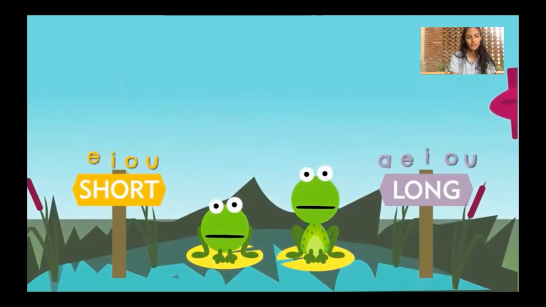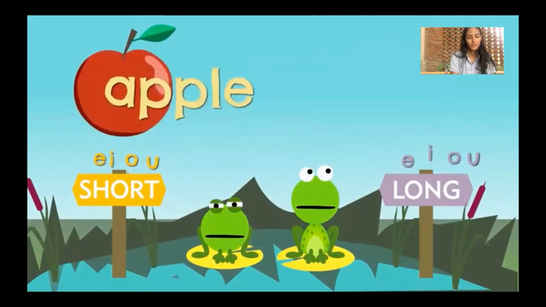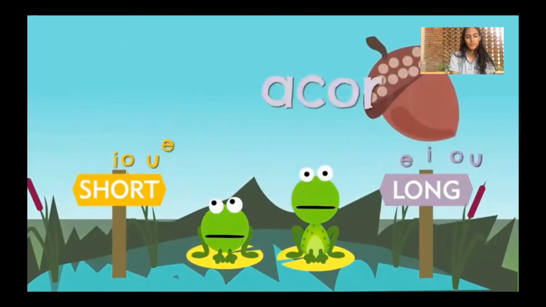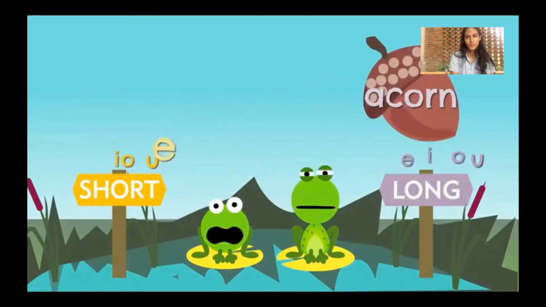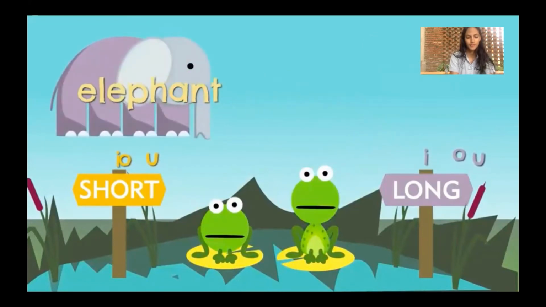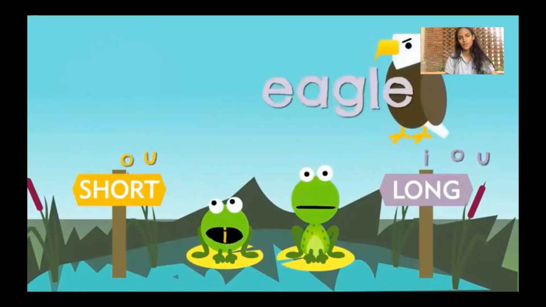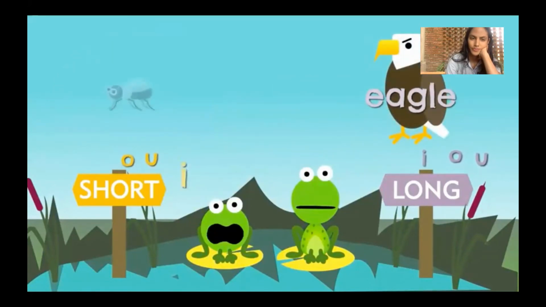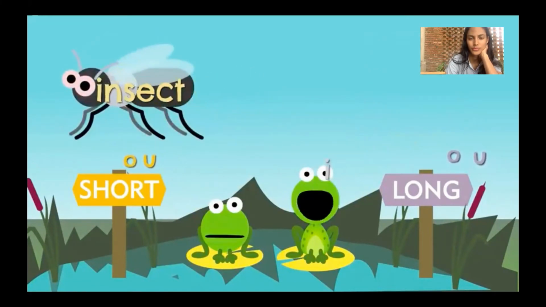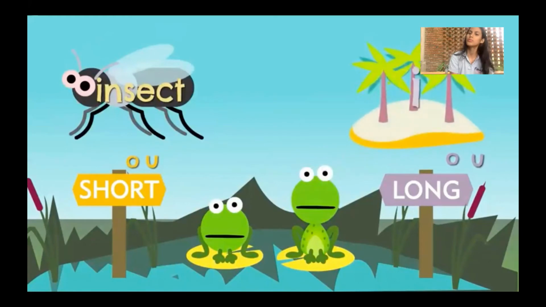So the short A says apple, and the long A says acorn. The short E says elephant, and the long E says eagle. The short I says insect, and the long I says island.